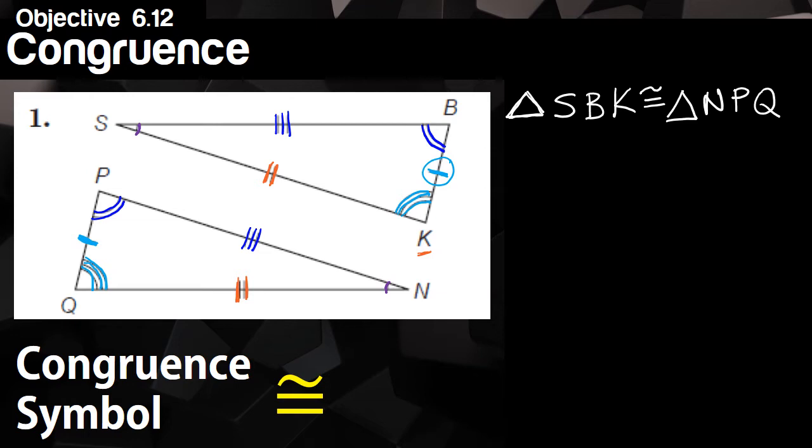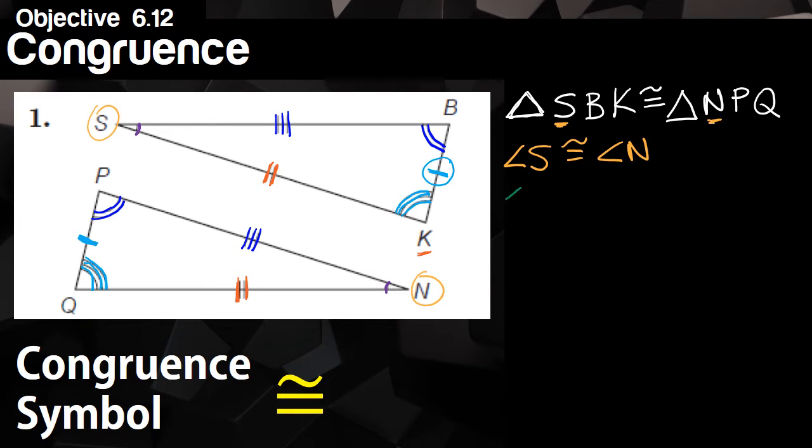And so let's talk about the angles. We can say that angle S, right here as the one arc, is congruent to angle N. Even if we didn't have this picture, we can see that the first letter in triangle SBK matches up with the first letter on triangle NPQ.